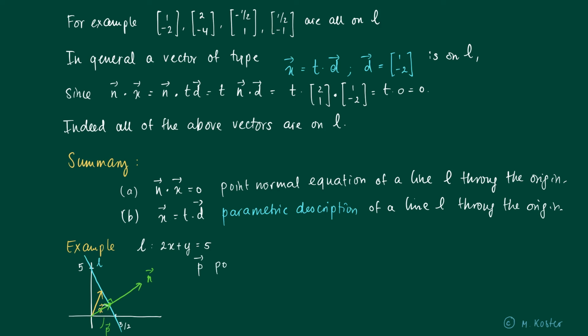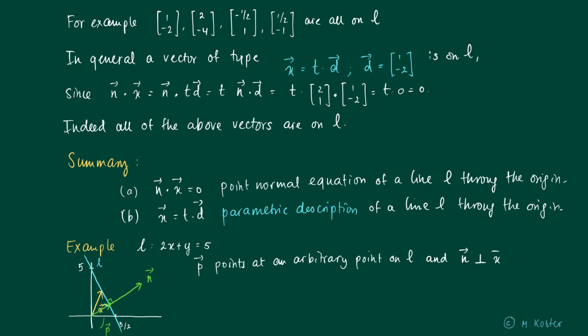Now take a vector p pointing at some arbitrary point of the blue line. Now p points at an arbitrary point on L. And look at the difference vector of x and p.